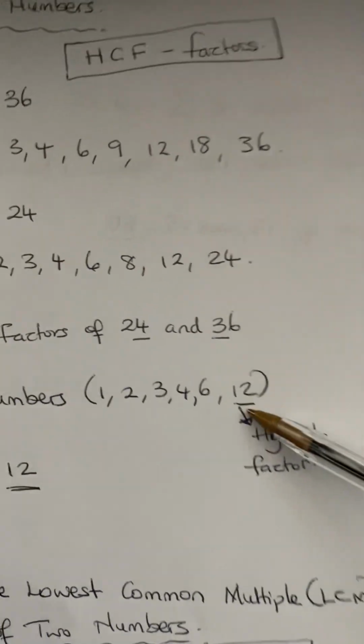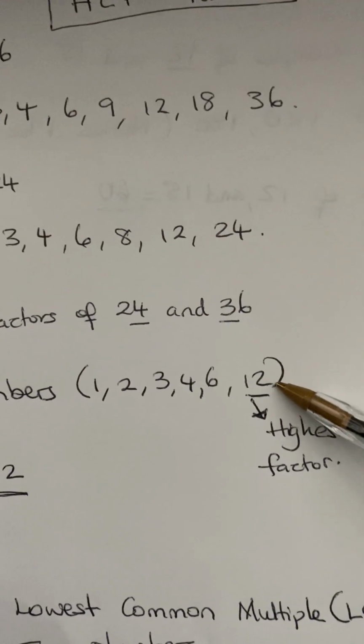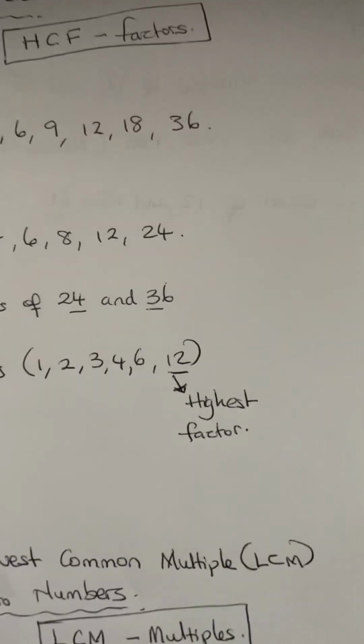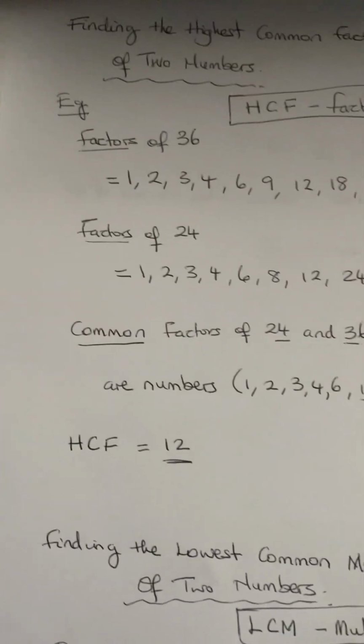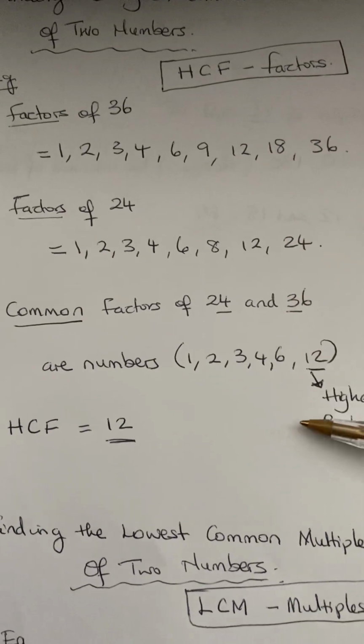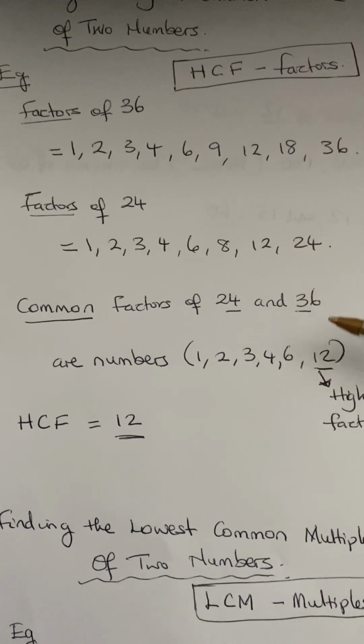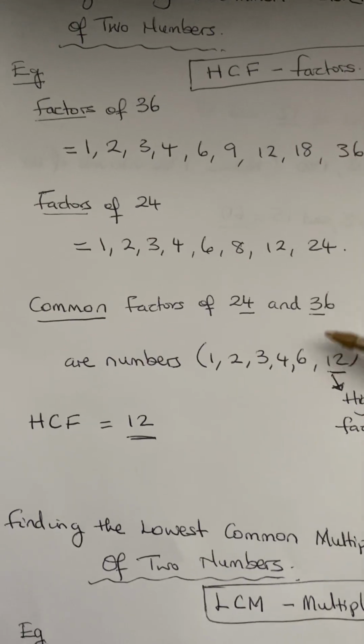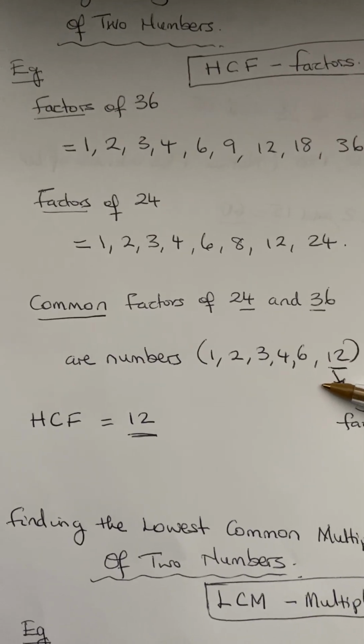So if you have 3 numbers that you are finding the highest common factor of, you need to list the factors of all the 3 numbers, and then you choose the highest common factor. I hope I'm clear.